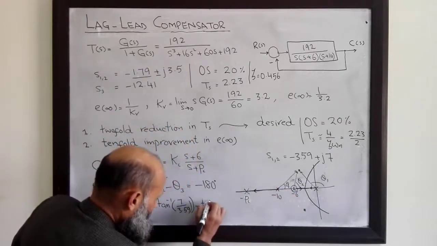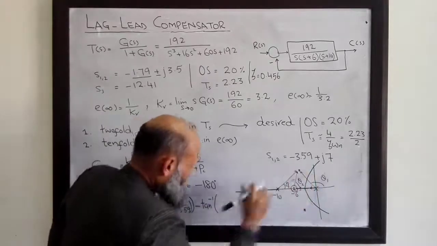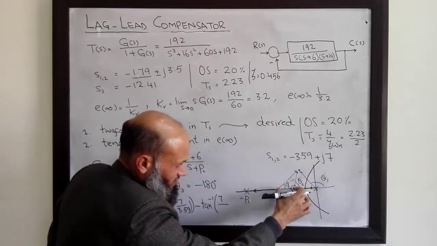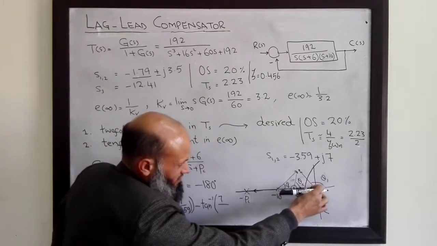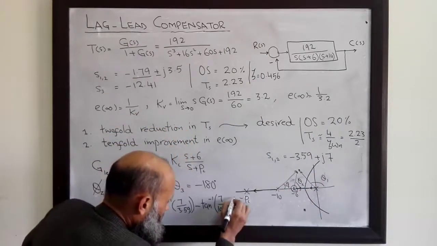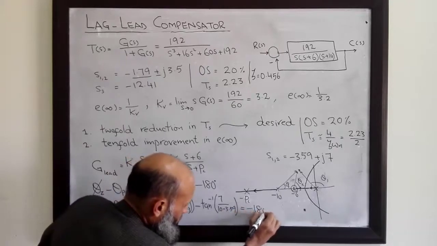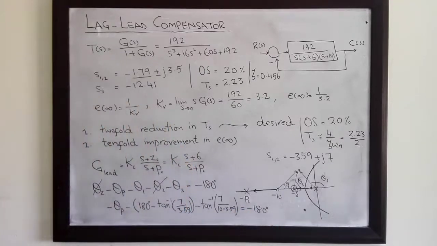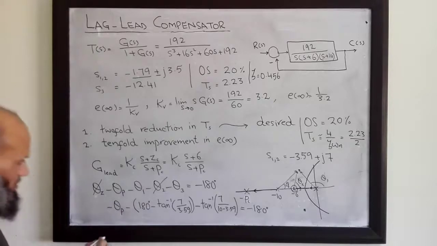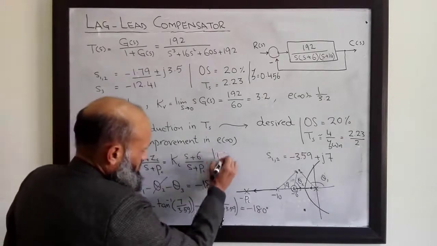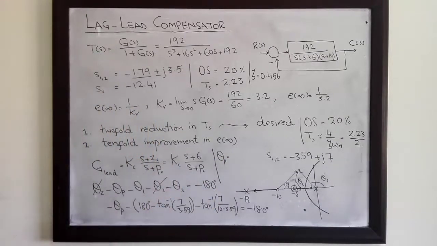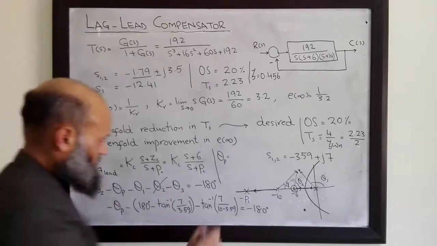That is tan inverse of this height, which is 7, divided by this length. This total is 10 and this is 3.59, so 10 minus 3.59, and we want the sum to be equal to minus 180 degrees. After all these computations, theta p, the angle contribution due to the pole of the compensator, comes out to be equal to 15.3 degrees.